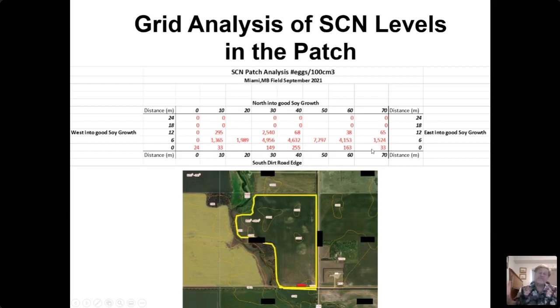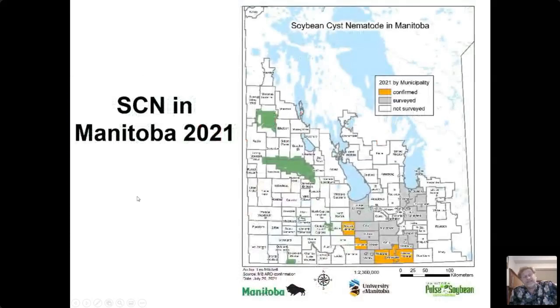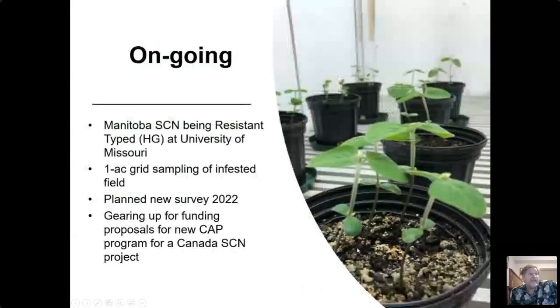So that patch really is an SCN patch, okay? And the compromise of plant health is because of SCN. So we have to update our map, and here it is. And we have to add the additional RM here to give us 5 RMs now in Manitoba with SCN.